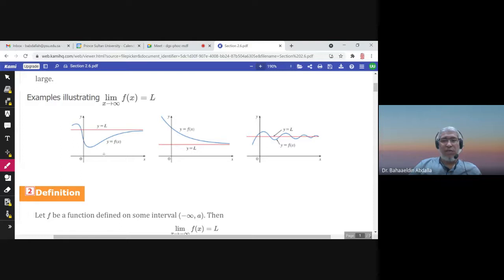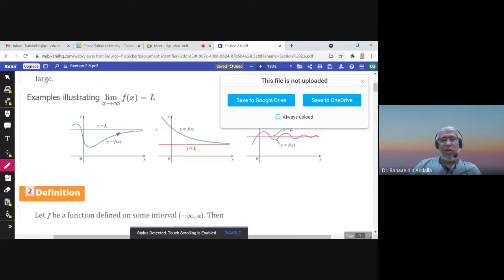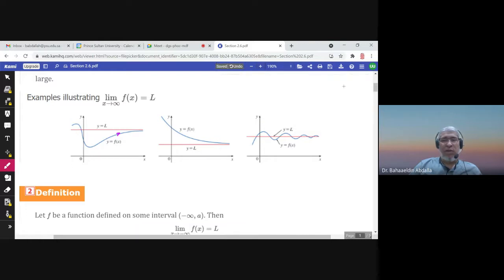As x approaches infinity, as x becomes very large, what happens to the function? It approaches the line y equals capital L.